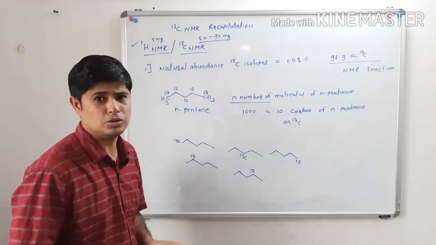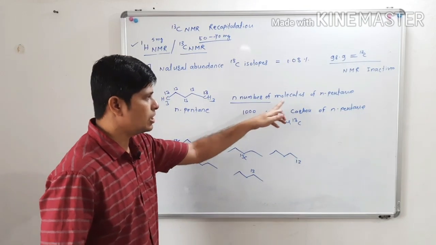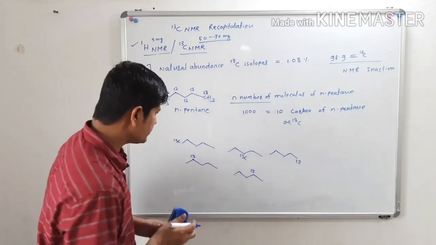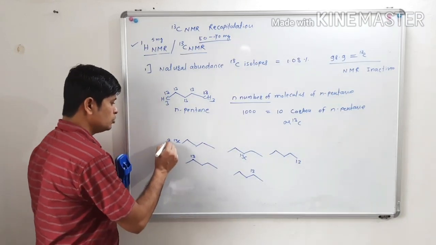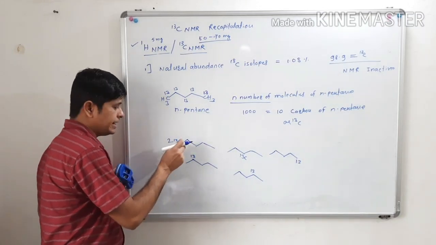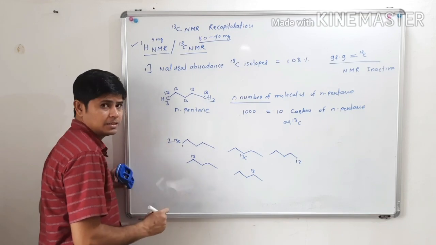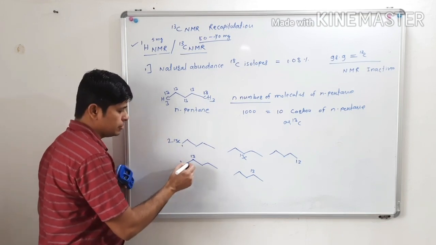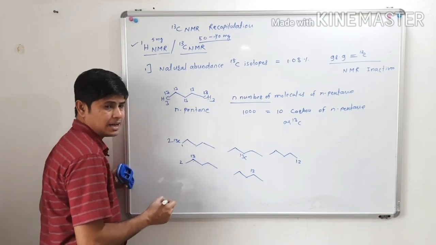In the second n-pentane molecule this carbon will be carbon-13. In the next molecule this carbon will be carbon-13, and like that. So in 1000 molecules of n-pentane, there will be 2 molecules in which the first carbon is carbon-13.